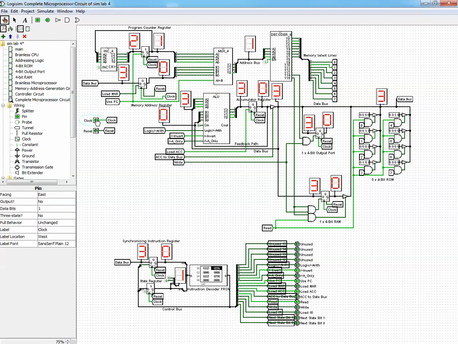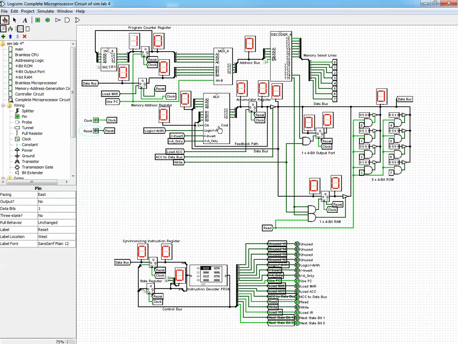So right now, 3 has been fetched from the memory. Let's reset it from the beginning. Right now it is 0.